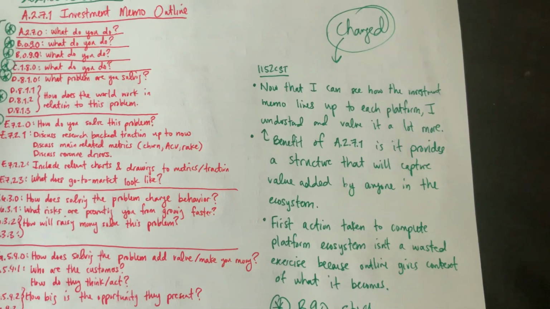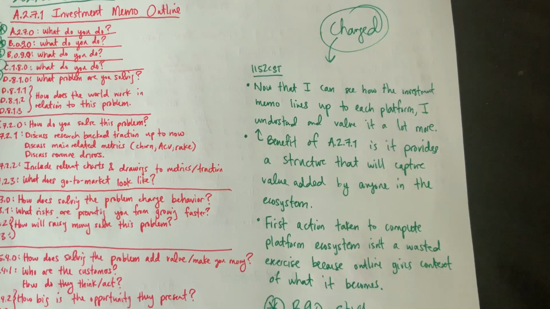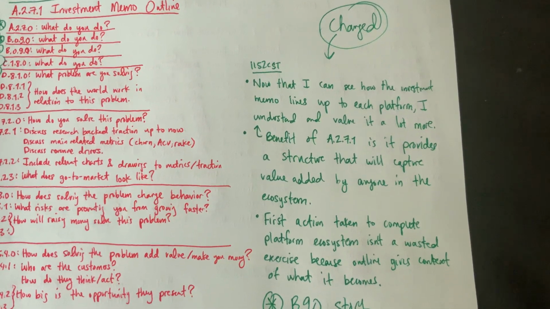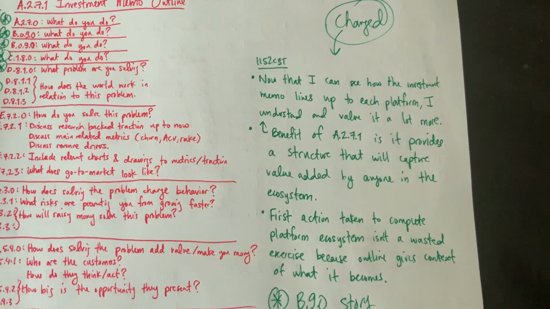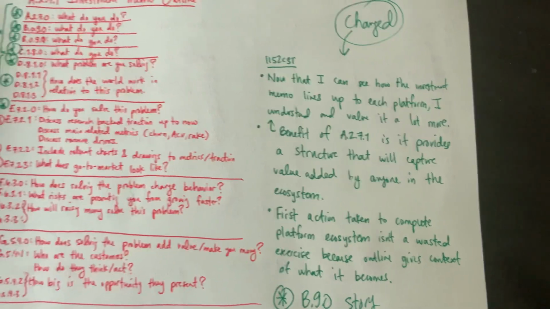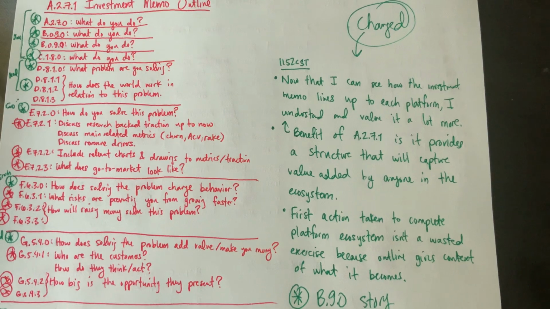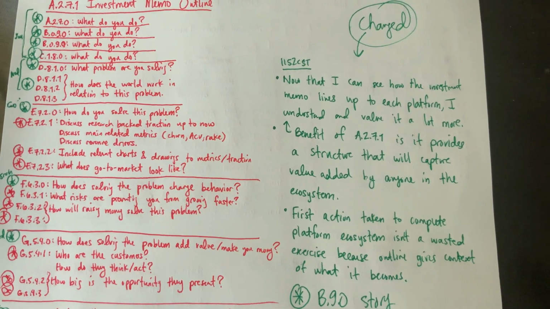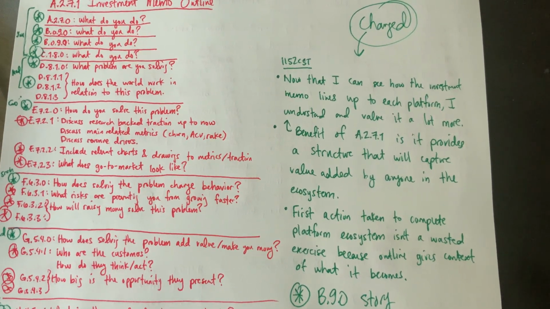Let's just read through this. Now that I can see how the investment memo lines up to each platform, I understand the value of it a lot more. The benefit of 8.2.7.1, that's this, the outline, is it provides a structure that will capture value added by anyone in the ecosystem.